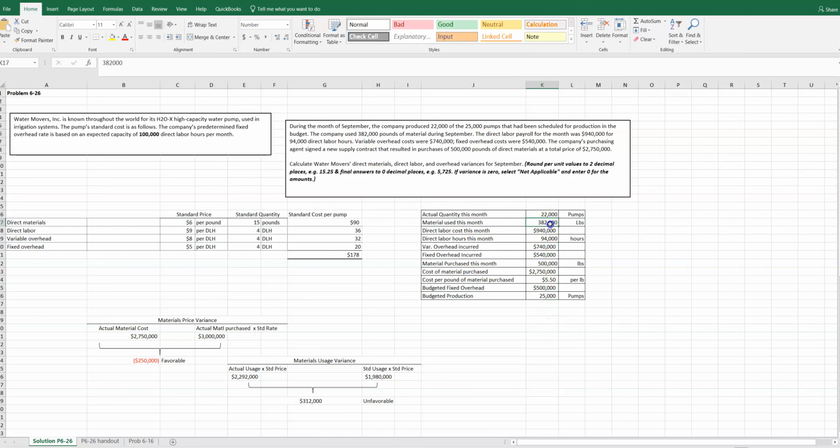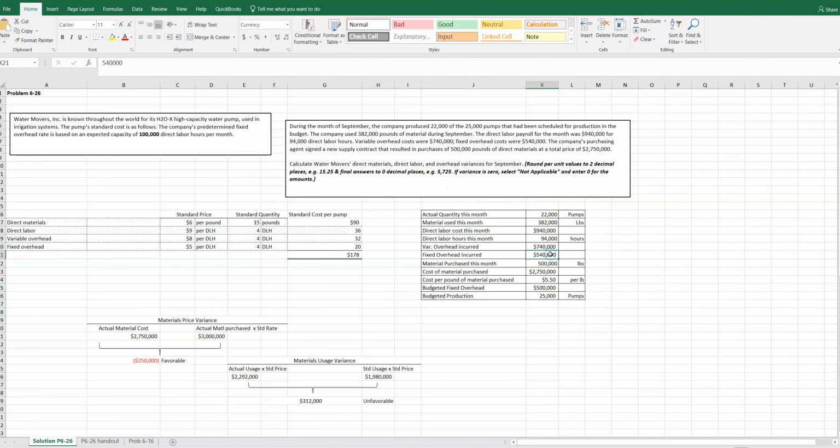They actually used 382,000 pounds of material. Their direct labor cost for the month was $940,000. They used 94,000 direct labor hours. That's going to be important as we apply these variances. Variable overhead incurred was $740,000.